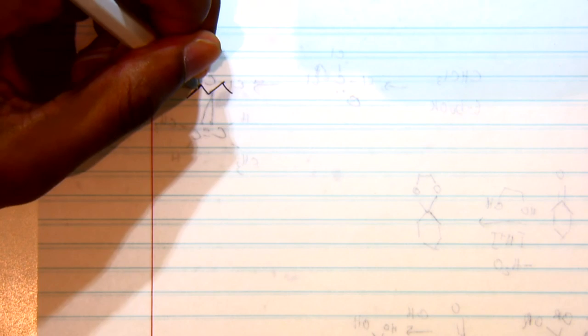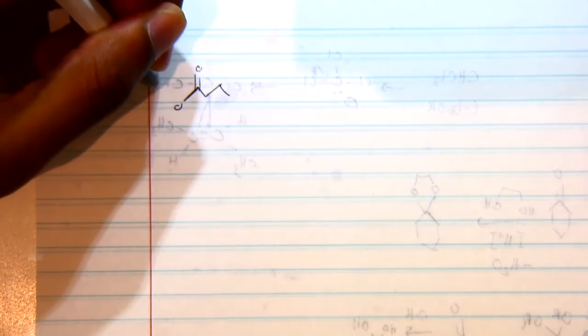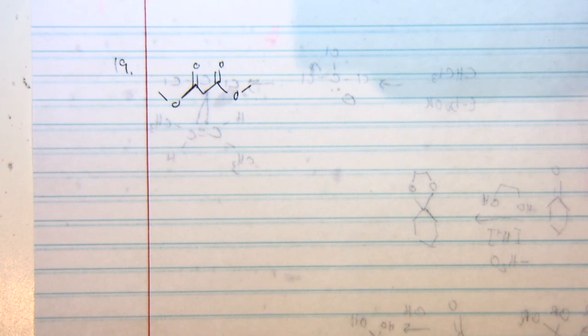So you're starting with an anhydride, or malonic ester actually, with OCH2. So you're starting with this one, right? Does that make sense? Do you guys remember this reaction?